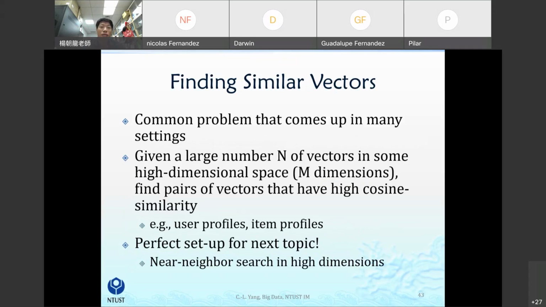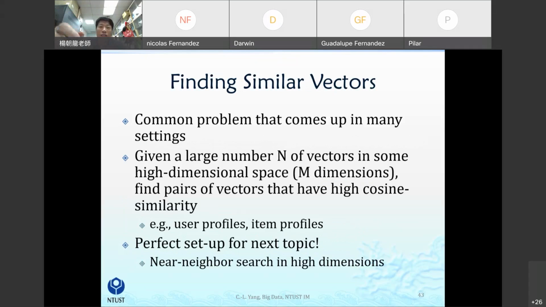Okay, and how to find similar vectors? A common problem comes with memory settings, if you have a large amount of vectors in high dimensional space. I mean, you have a very huge data set.